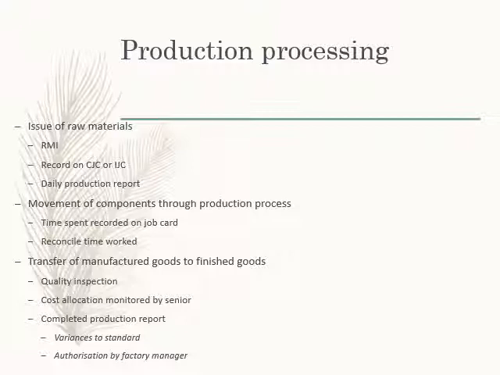So the RMI slip is prepared either by the production planning department or, more likely, the production department or the factory manager. Now, all of these RMI slips, or these issues to production, have to be recorded on the customer job card, the CJC, or the inventory job card, the IJC.